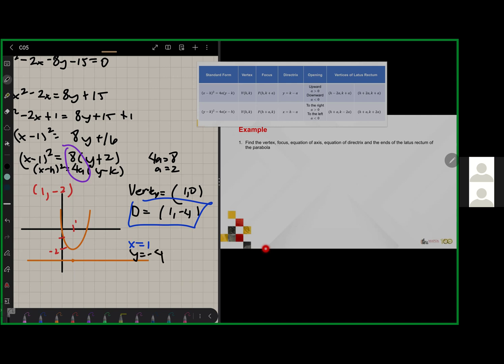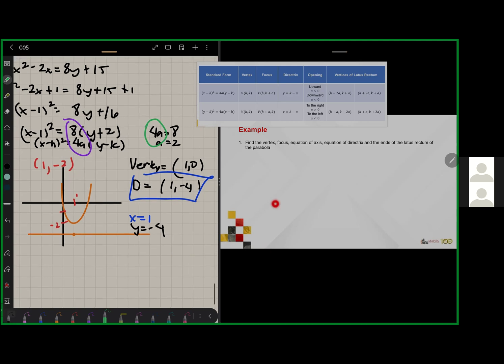Next, the ends of the latus rectum. So to find the ends of the latus rectum, we know that the length of the latus rectum is equal to 4a. So from this point, we need to find two values of 2a. So this is the total length of our latus rectum, 4a.